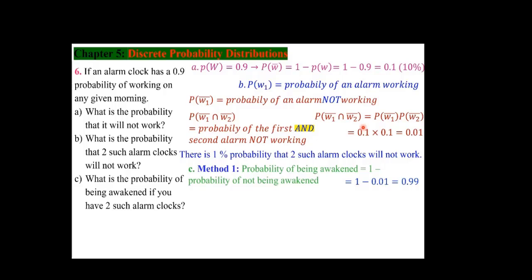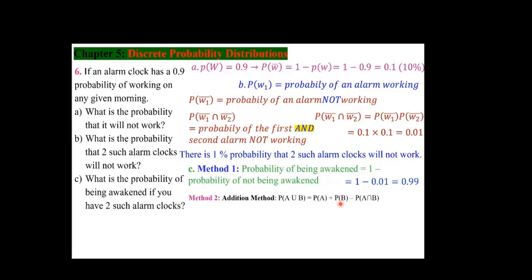Here's the second method. We can use the addition method. Probability of A union B is probability of A plus probability of B minus probability of A intersection B. And remember, in this case, awakening means it's working. So probability of working is important to us, which is 0.9. So each one is 0.9 in essence.